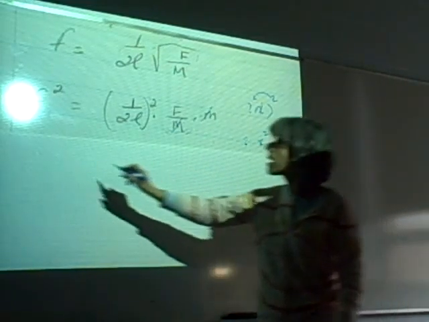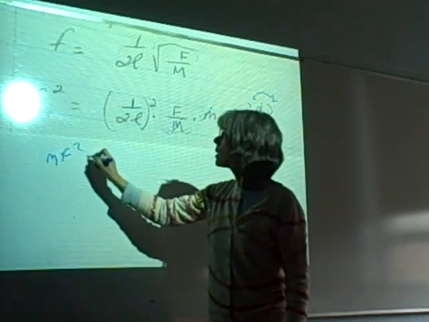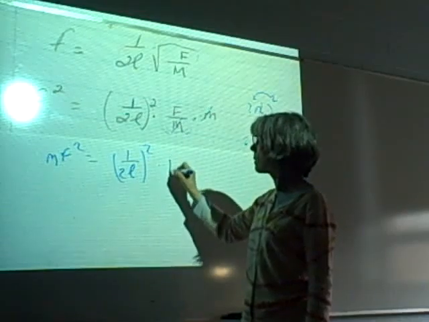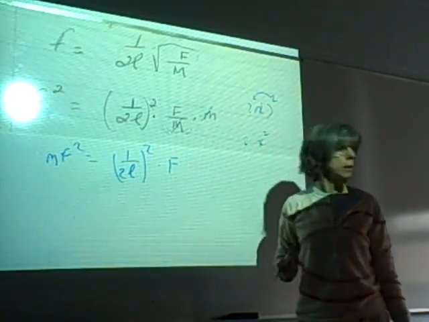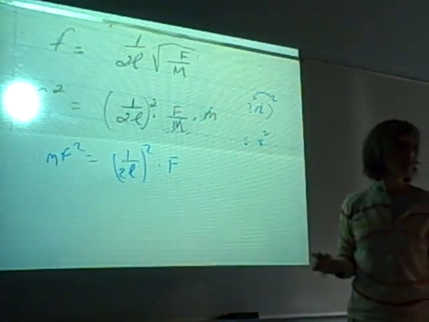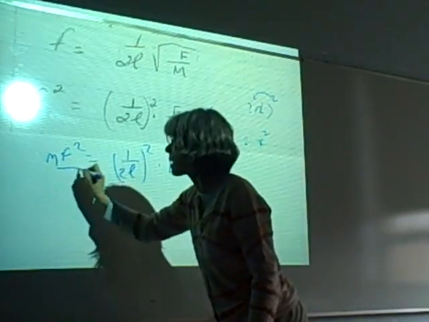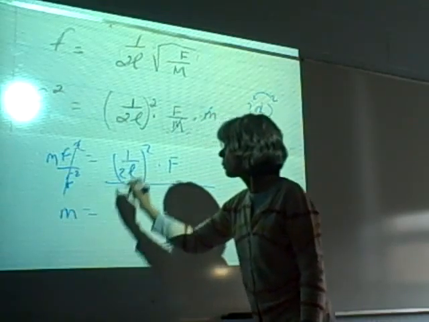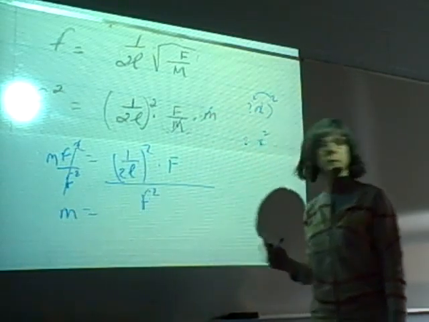So this is what I have: m f squared equals 1 over 2l squared times f. Divide by what? Divide by f squared. Yeah, I'm going to divide this side by f squared, and then m will equal this quantity over f squared.